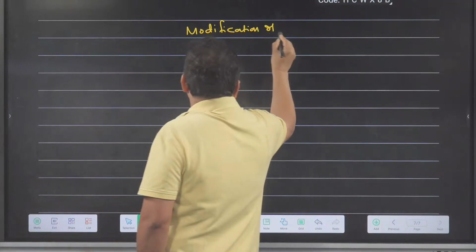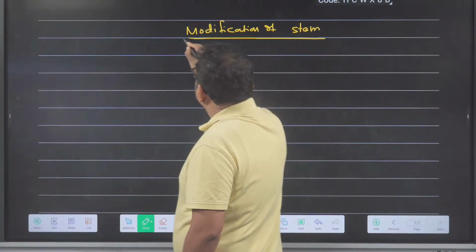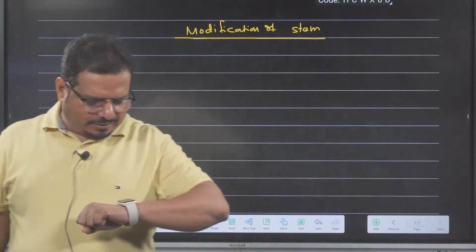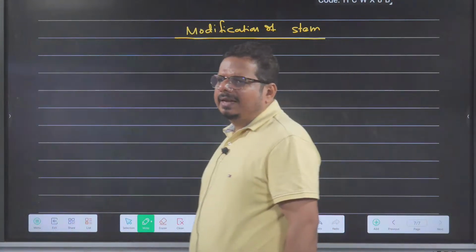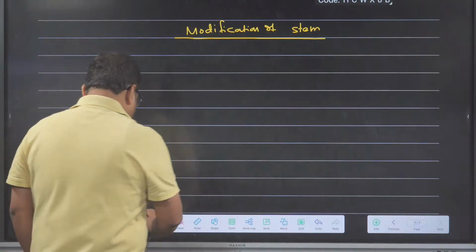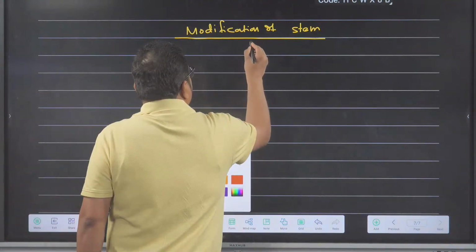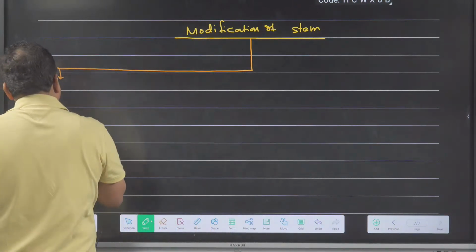Modification of stem. First I am writing the entire modification in a flow chart, and then I will explain the flow chart. Now give your attention. We are going to discuss three different types of modification.